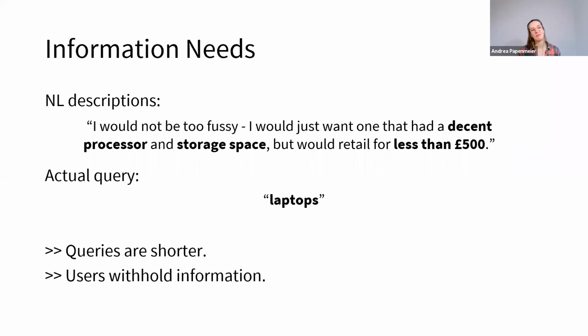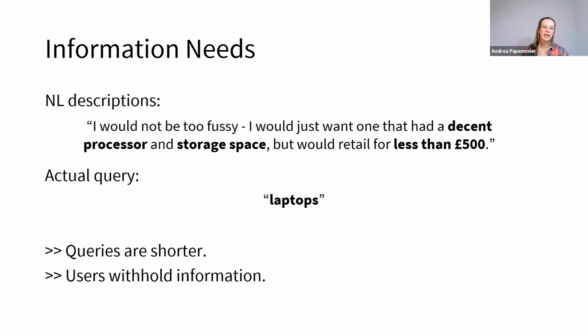So words can be vague because they have a double meaning or because their meaning is not well defined, like in the words big or nice, or in this example here, we have decent processor. Less than 500 pounds is not as vague, but it still needs to be processed correctly, but we will come to that later.